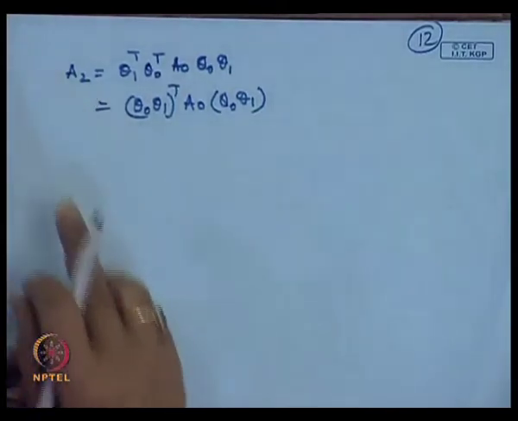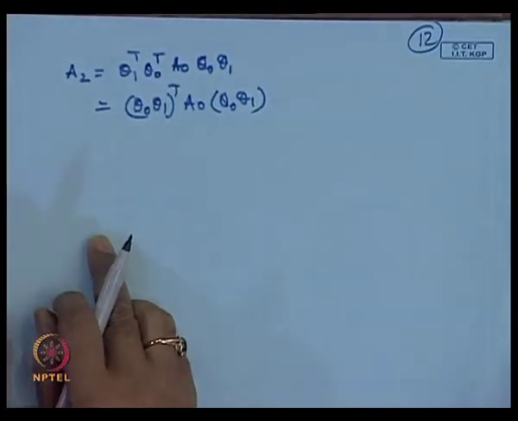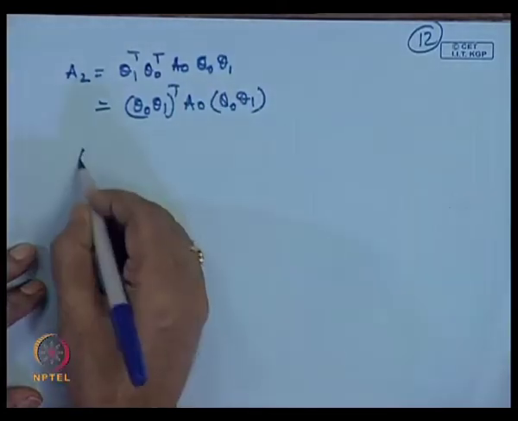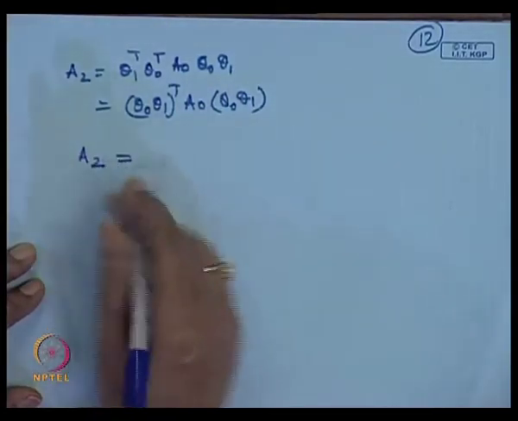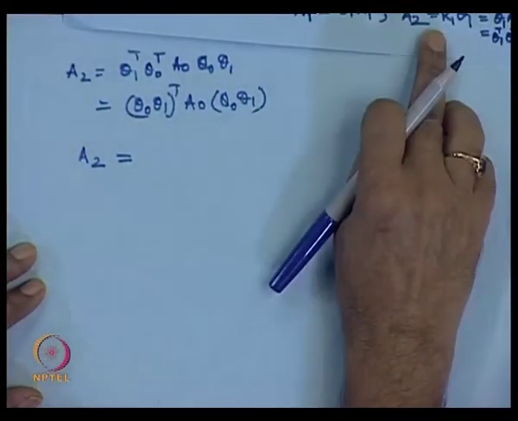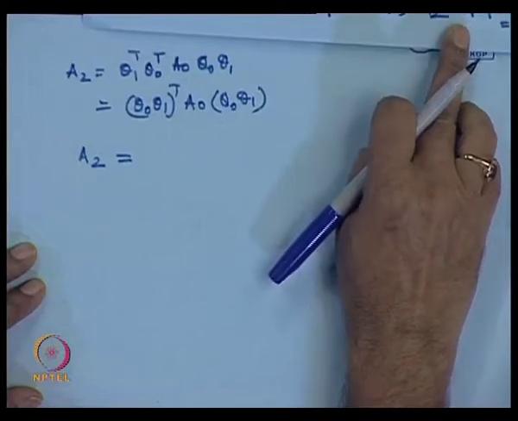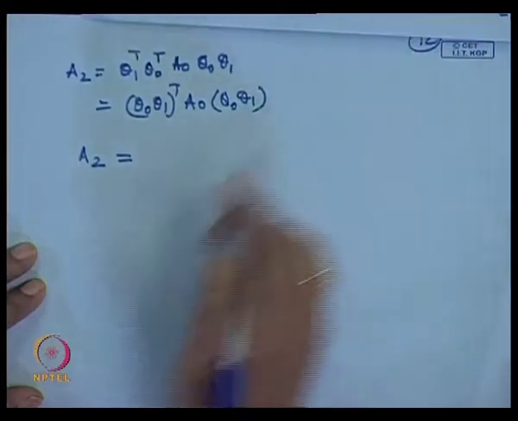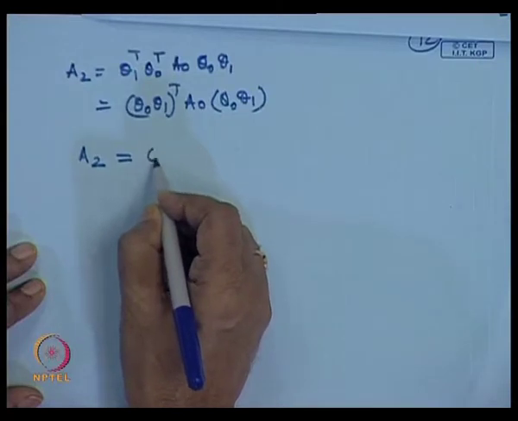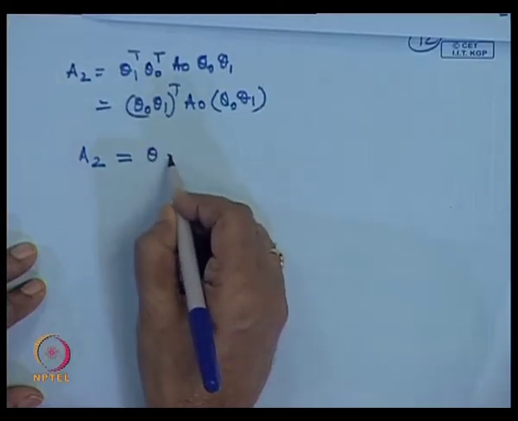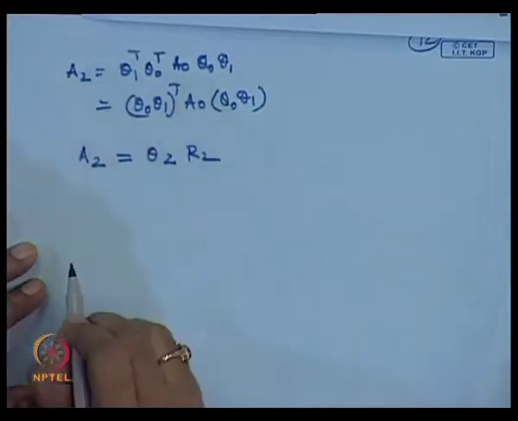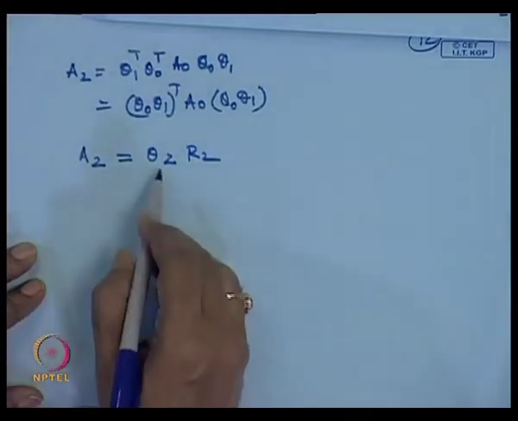A 3: this matrix A 2 I can decompose. A 2 is what? I have written it as R 1 into Q 1. So, I can decompose this A 2 equal to Q 2 R 2. Agree?